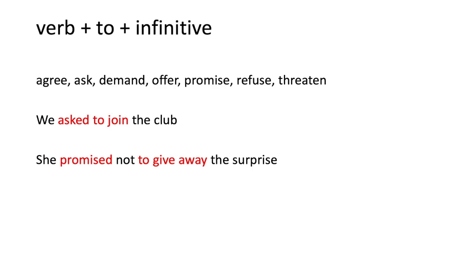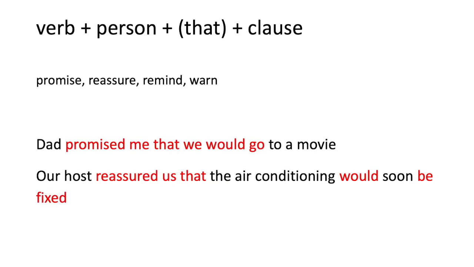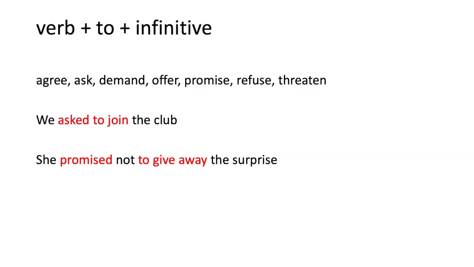In the case of promise, it's promise someone plus a that clause. Here was the example. Remember, Dad promised me that we would go to a movie. But you can also use promise without the object, but then you have to follow it with the infinitive. She promised not to give away the surprise.